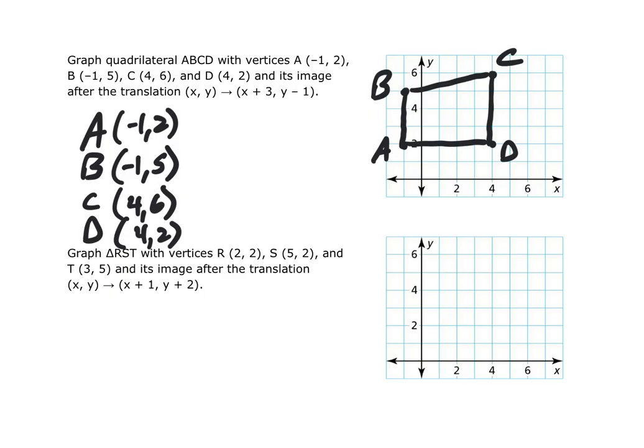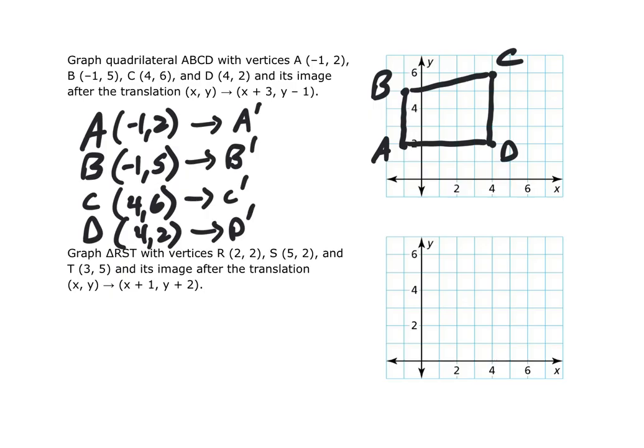Okay, in some cases it's going to ask you to identify the ordered pairs. So I'm going to show you how to come up with the ordered pairs. We kind of talked about this already. So I need A prime, B prime, C prime, and D prime.